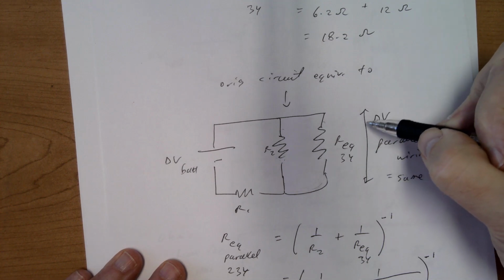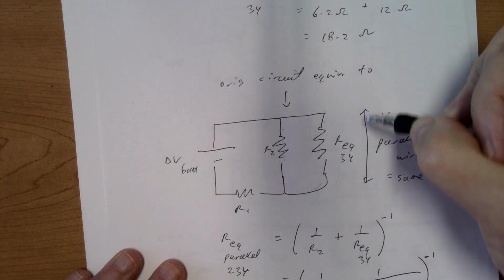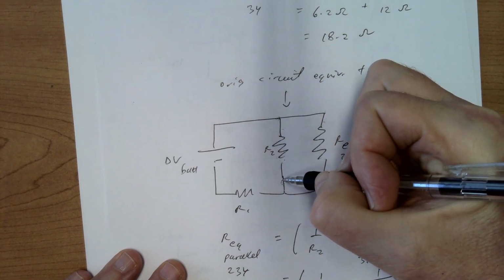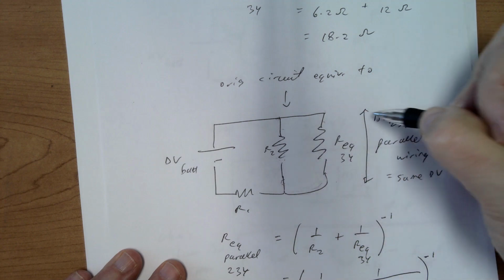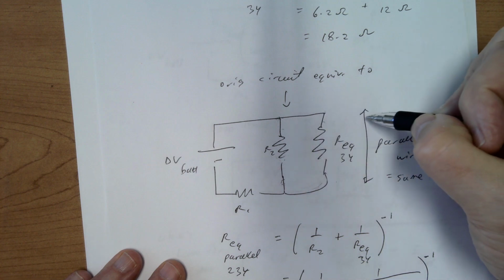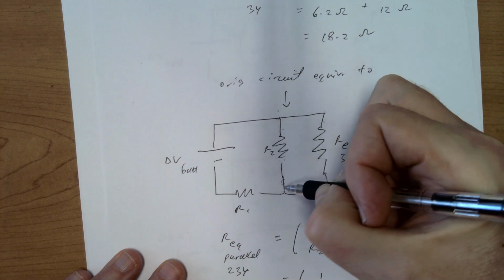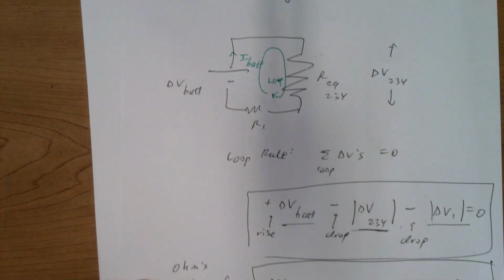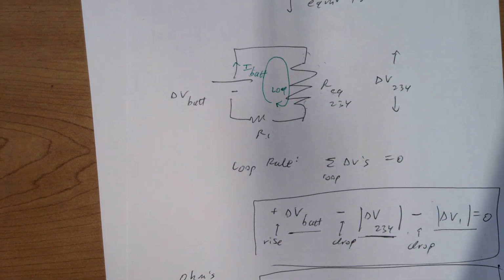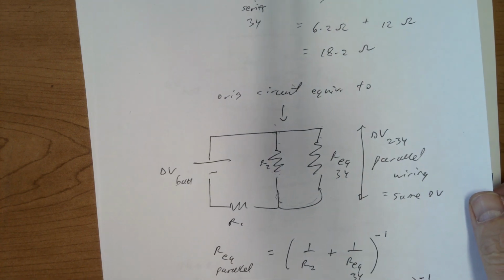Okay? Well, that's helpful because that voltage difference is also the voltage difference of resistor 2. Because the wires at the two ends of resistor 2 are the same as the wires at the two ends of this equivalent resistor. Alright? So, I can go to my original table now.